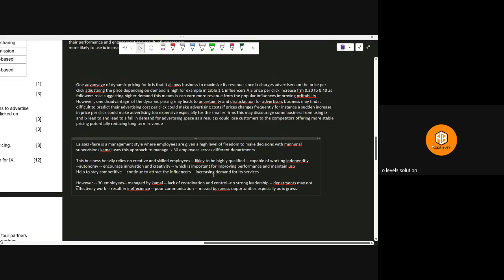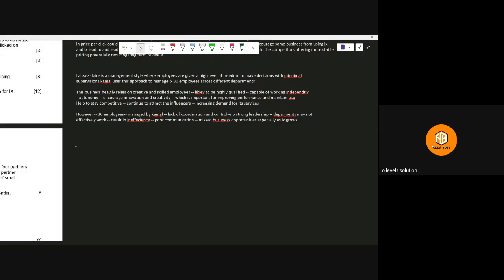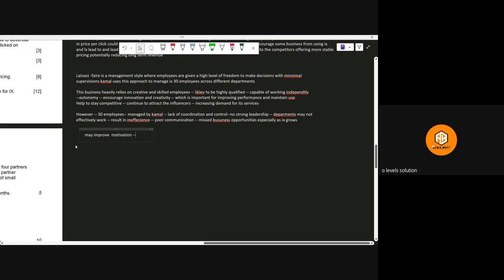Okay. Then again, you have to write one more advantage. Now you have a choice. Maybe you can talk about any other management style, analyze its positive things, and then evaluate it. Or you can write one more positive point of laissez-faire. So we can say that laissez-faire may improve employee motivation and job satisfaction.